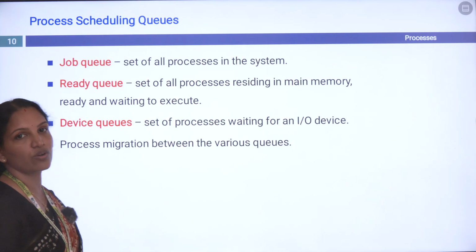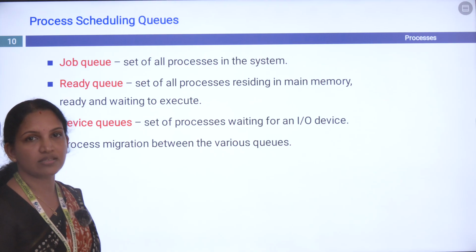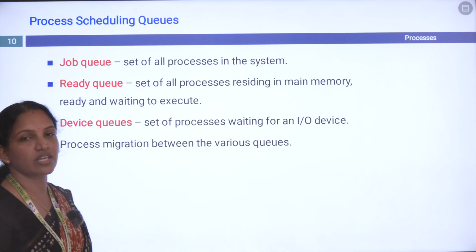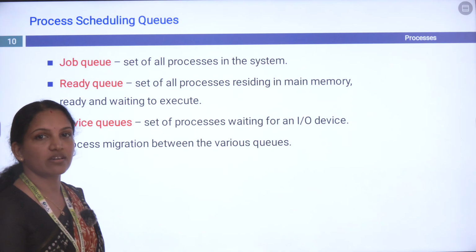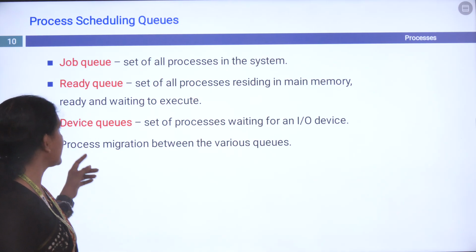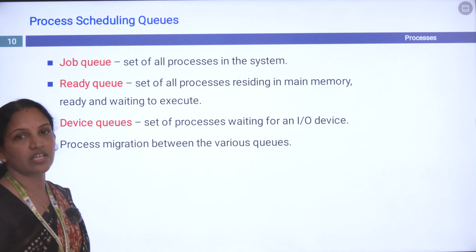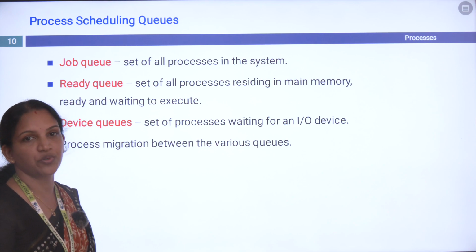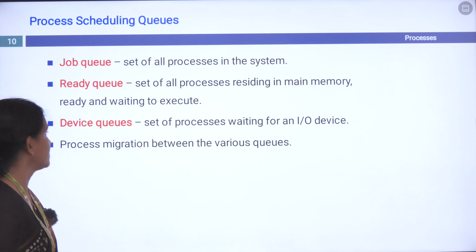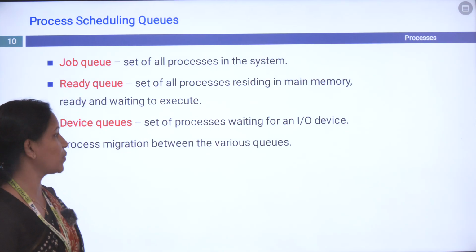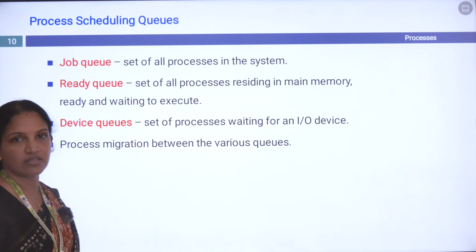The job queue stores the set of all processes in the system. The ready queue stores the set of all processes which are ready for execution and waiting for the CPU. The device queue contains the set of all processes which are waiting for an input-output device. All processes will migrate between these various queues in a system.